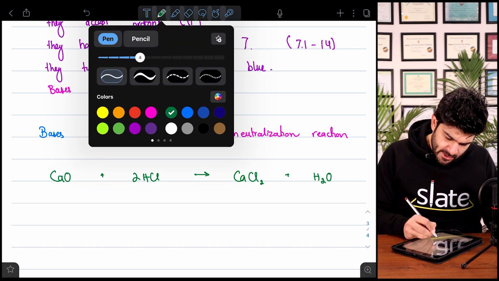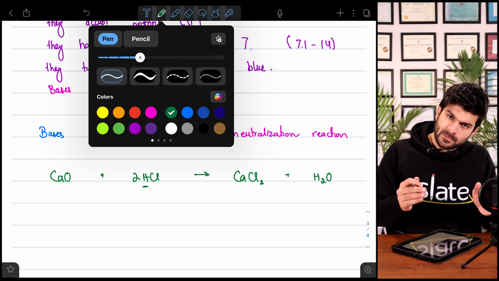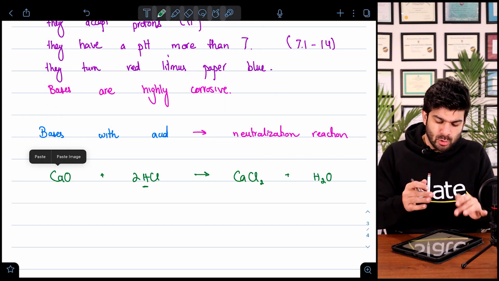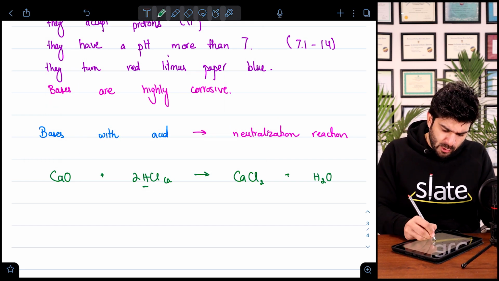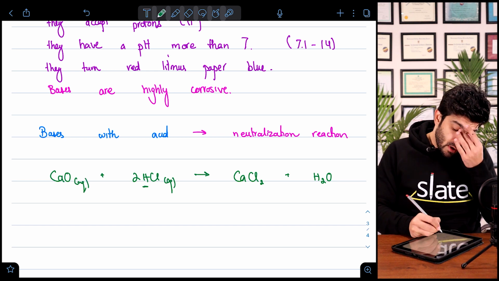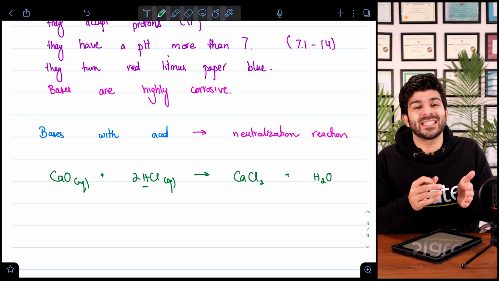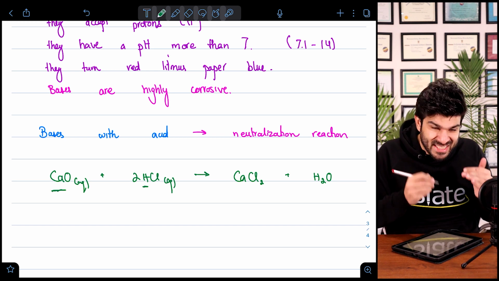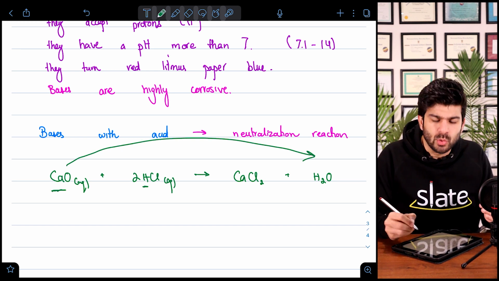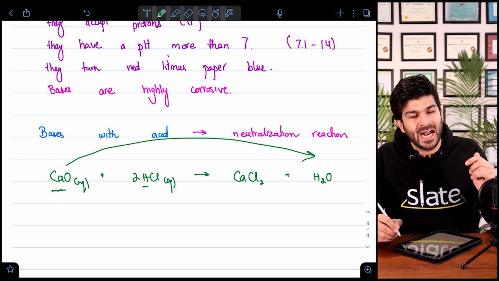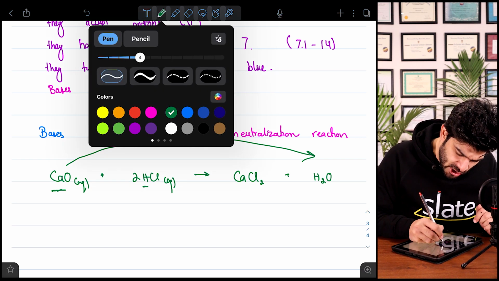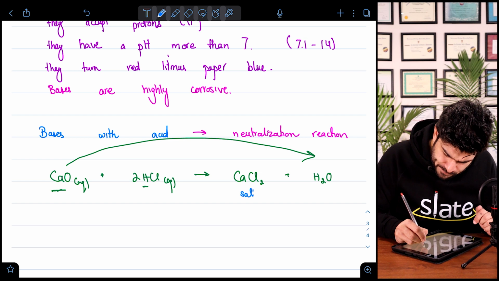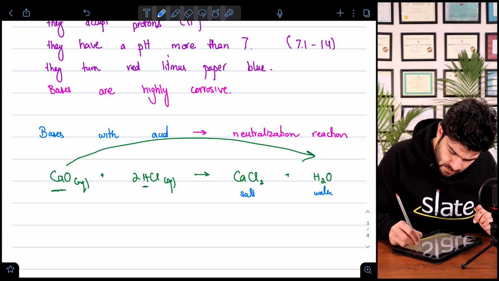This acid is giving out a proton, because acid dissociates in water. These are both in aqueous medium. So this acid will give a hydrogen ion, and this base will accept it and turn it into water. That is a neutralization reaction where we get salt and water.